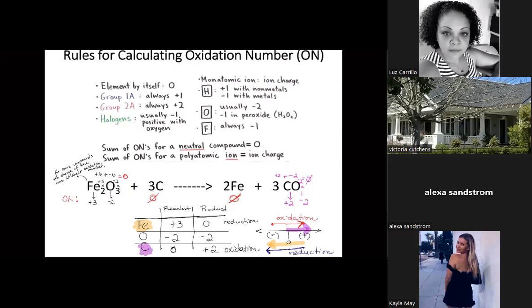Now, oxygen was at -2. It remained at -2. So that means that my oxygen is what we call in this type of reaction the spectator ion. And what a spectator ion does, as the term says, spectator, is just look at the atoms exchanging electrons.